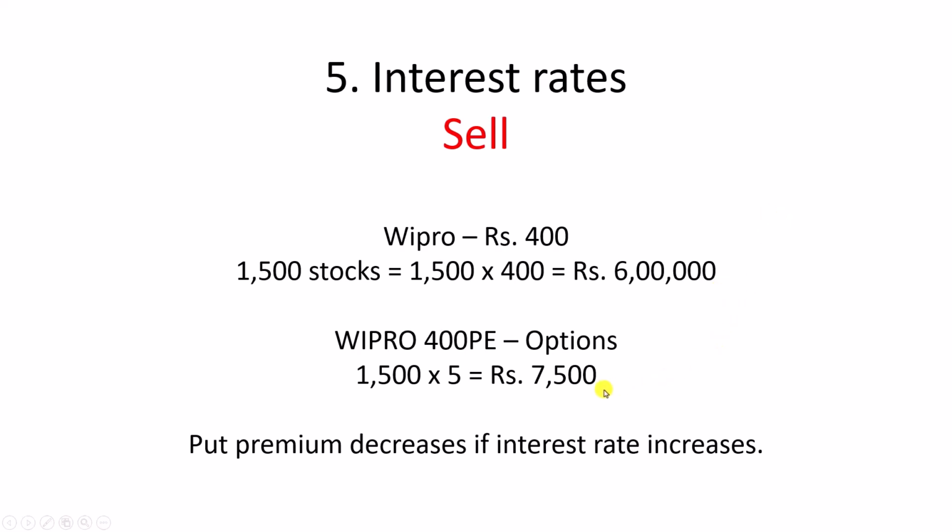But because of me, instead of getting this much, you are spending this much, and for this reason you can pay me less. That is what the put option, if it were a person, says. So that is why if the interest rate increases, the put option premium decreases. Due to the options we were not able to get this much money, so we are at a disadvantage, and so we have to pay less.